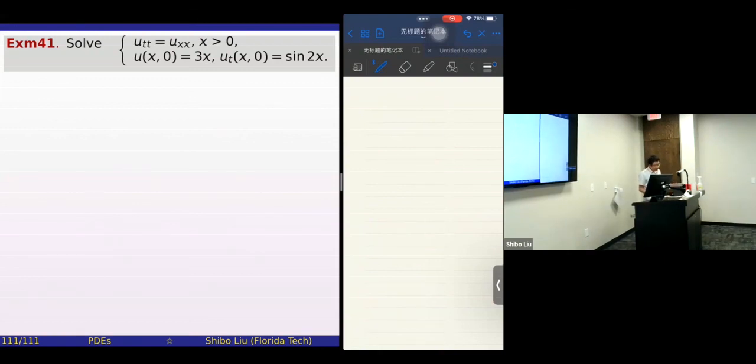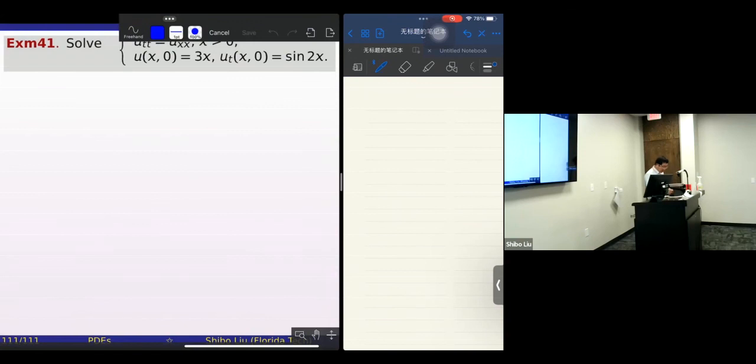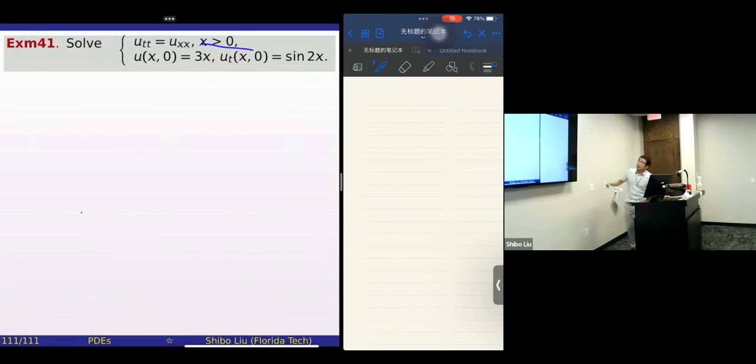What is x? I don't think x is positive. Maybe this is a misprint, I will check. This should be t positive, and x is any real number.